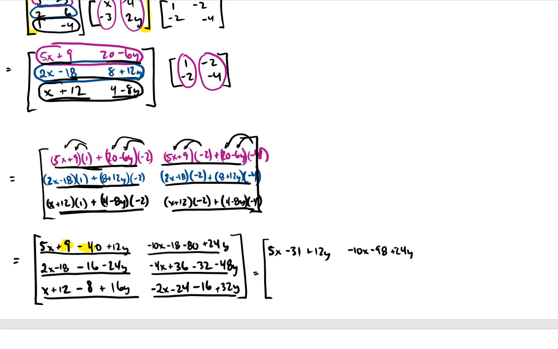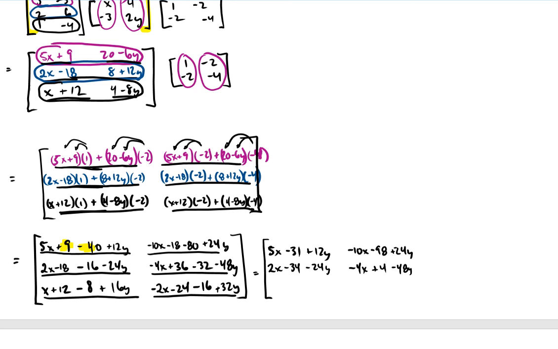Okay, and then again, keep it going. This next one, we've got 2x. The middle terms would become minus 34, and then minus 24y has nothing to combine with. And then our second one in this middle row, we've got negative 4x plus 4 minus 48y.